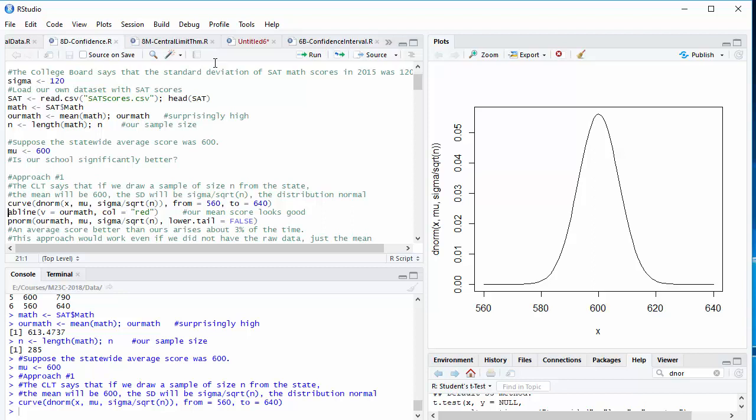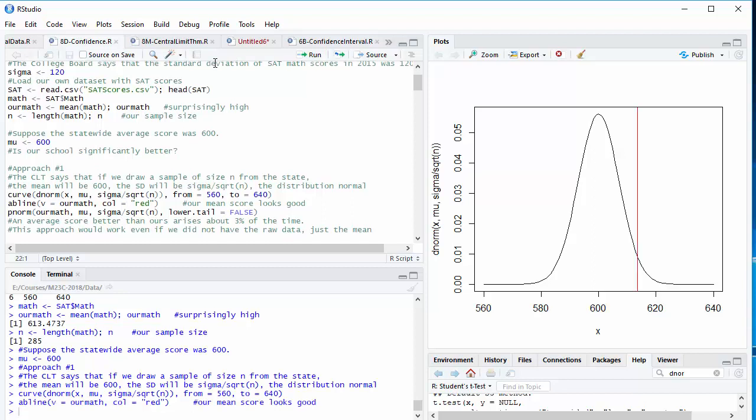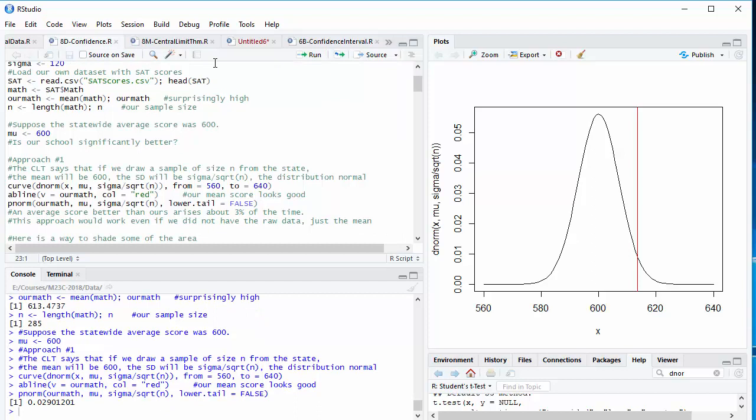It is the normal distribution with the statewide mean of 600 and a variance appropriate to our sample size of 285. We can show our mean on that, and it makes our school look pretty good, doesn't it? We can calculate, in fact, the probability that that normal distribution will lead to a number larger than our school's mean.